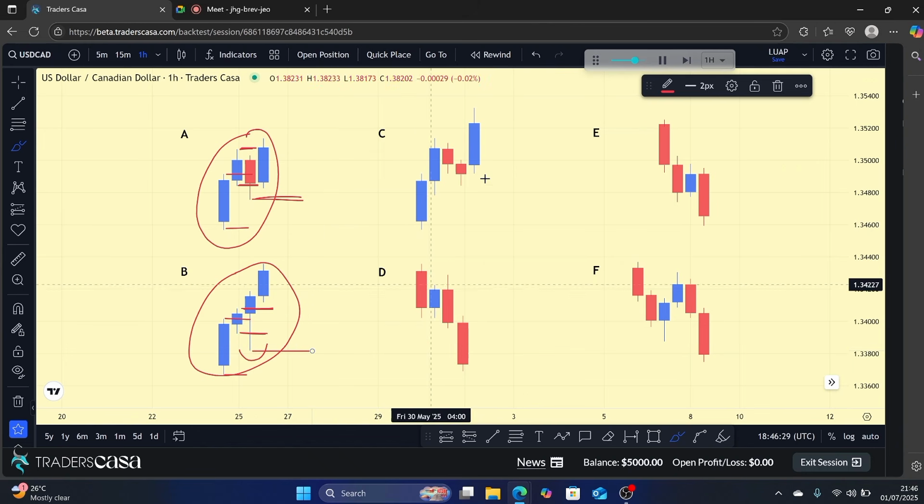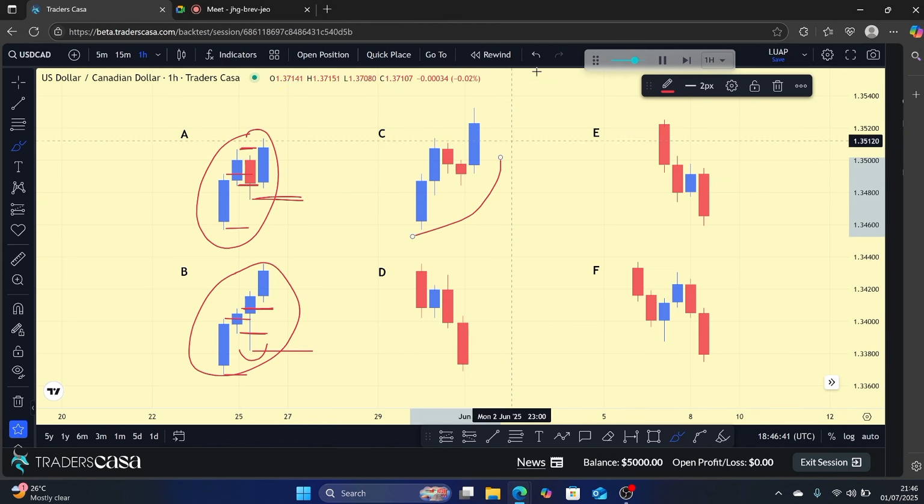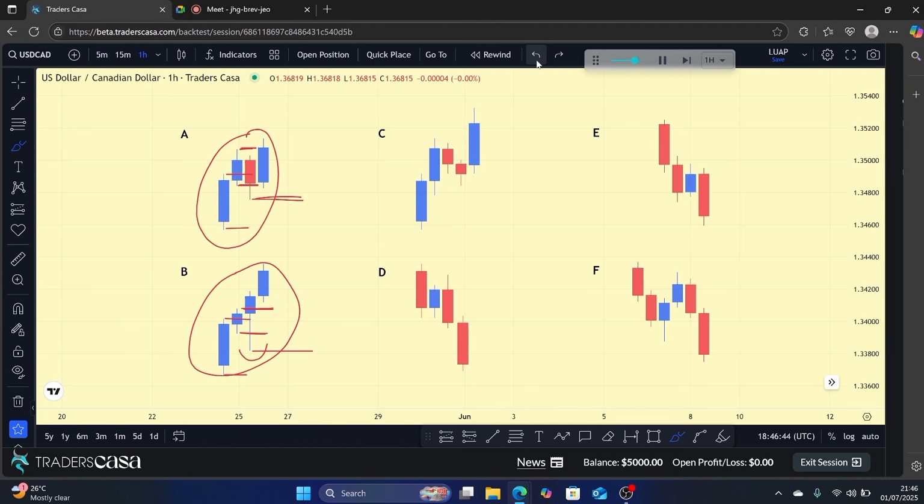All right, so coming up into this next pattern, you can clearly see this is the highest point, and obviously price is rising, and we said if price is rising, this means we are in a candlestick based uptrend. So right here, this is the highest point and price broke past that.